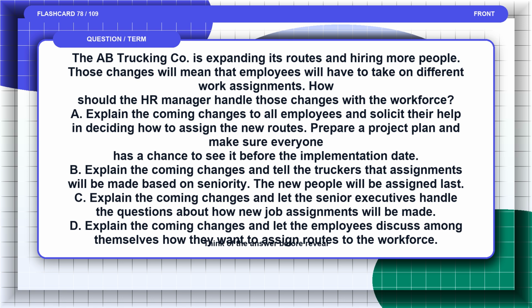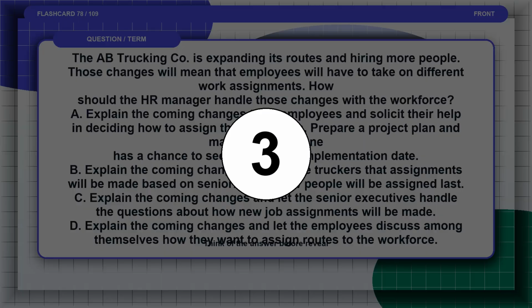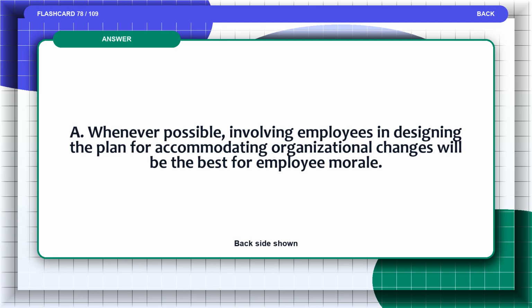E. Explain the coming changes and let the employees discuss among themselves how they want to assign routes to the workforce. Pause and think of the answer before the reveal. The answer is A. Whenever possible, involving employees in designing the plan for accommodating organizational changes will be the best for employee morale.